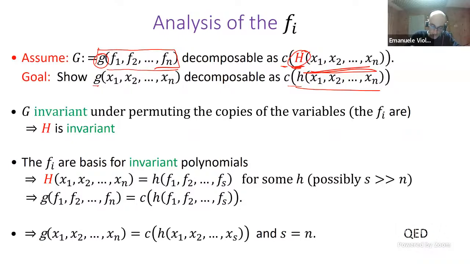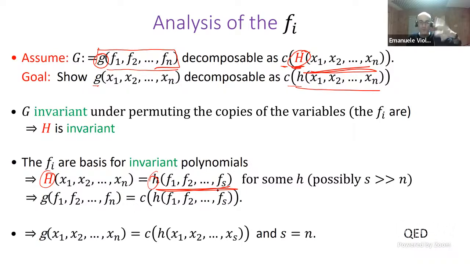And it can also be shown that these F_i that I pick are a basis for the invariant polynomials. So because my H is invariant, I can write H as a polynomial of these F's. These polynomials in which you take copies can express any possible invariant polynomial.